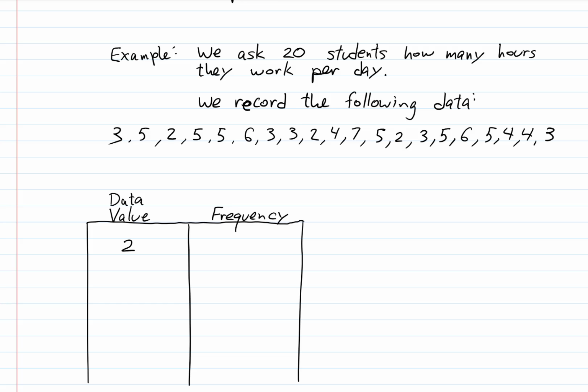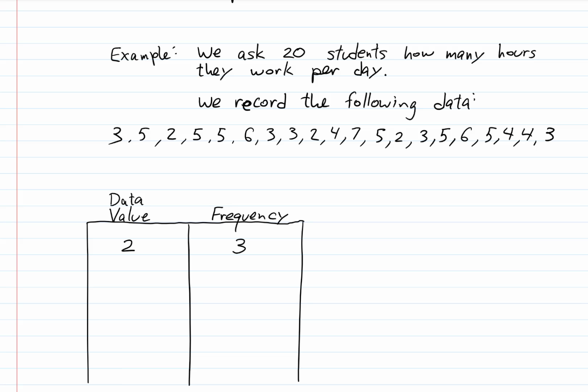How many 2s are there? There's a 2 there, and a 2 there, and a 2 there. There's 3 2s. So rather than writing 3 rows, 2, 2, 2, I just write 1 row for the data value 2, and I say that it had a frequency of 3. That tells anybody looking at this table that there were 3 people who said that they worked 2 hours a day. Okay?